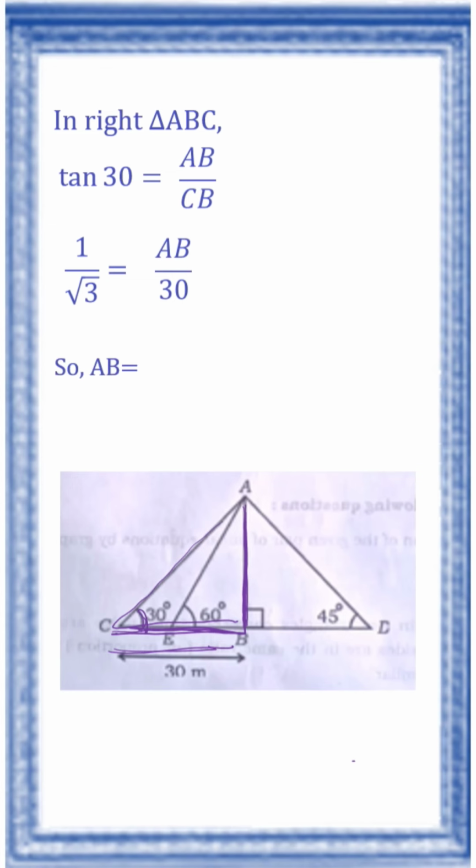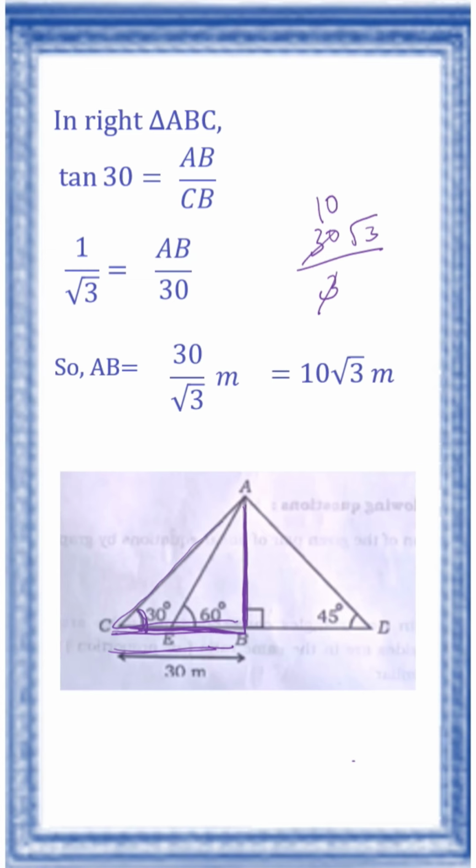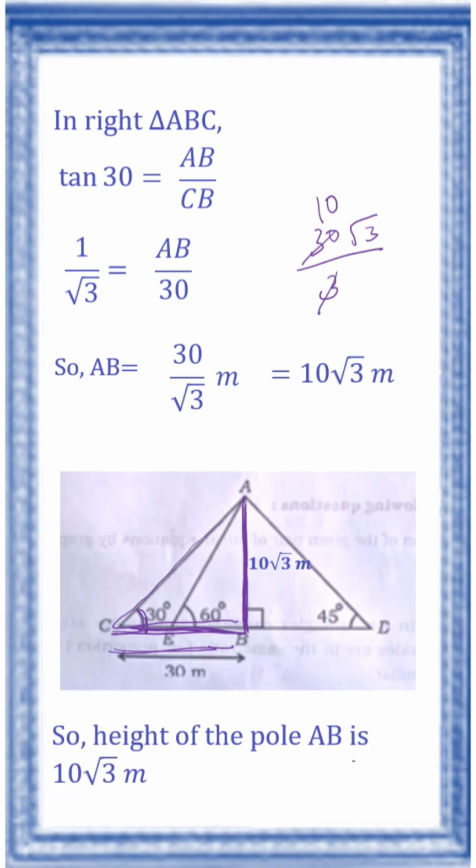So AB is equal to how much? 30 by root 3. But rationalize the denominator. Root 3 into root 3, both numerator and denominator multiply. It is 10 root 3 meter. It is a very important step in solving this problem. We need AB anyhow. Whether they ask or not, we have to find the height of the pole. So now the height of the pole AB is 10 root 3 meter.